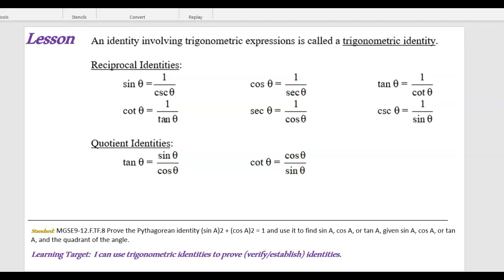You need to know every time you flip one of these, every time you rewrite sine of theta as 1 over cosecant theta, or more commonly, cosecant of theta is 1 over sine theta, that's a reciprocal identity. And we know these already. Matter of fact, we defined secant in terms of the inverse of cosine.